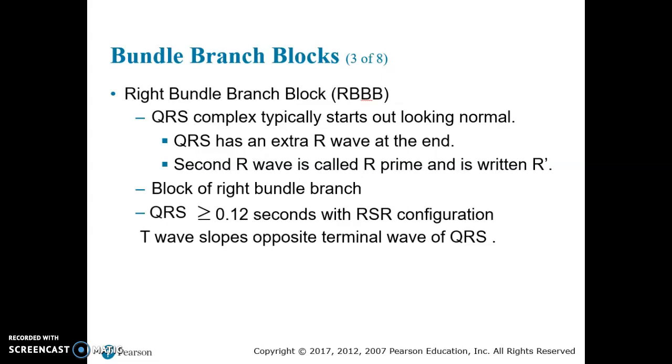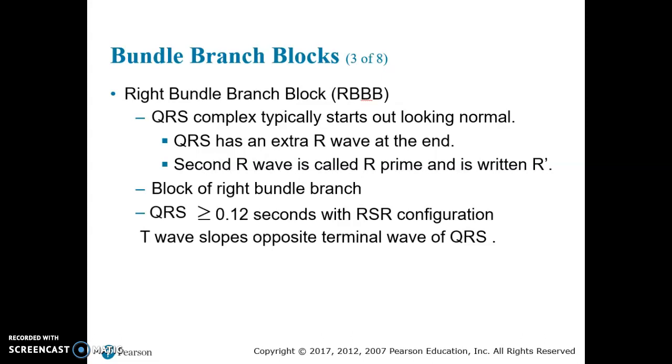You're going to see this with an RSR configuration. What we mean by that is when you have the QRST, you're going to see QRSR. You'll have another R tossed in there, and that R signifies that the current is traveling really slow. The T wave slopes opposite to the QRS.